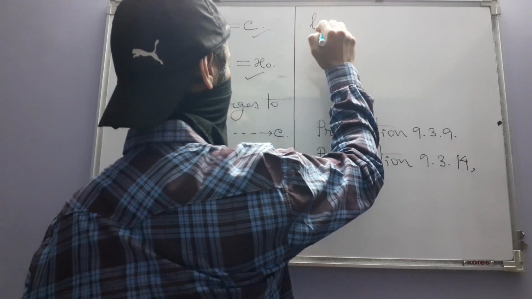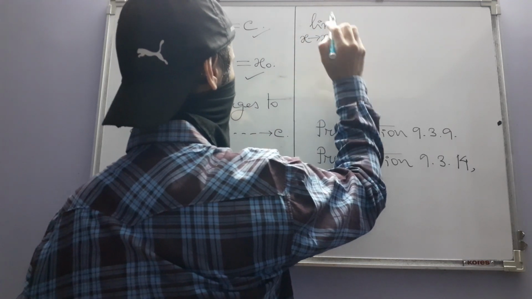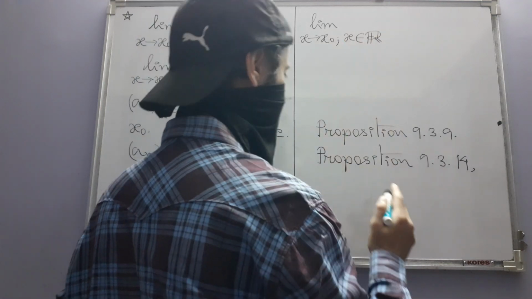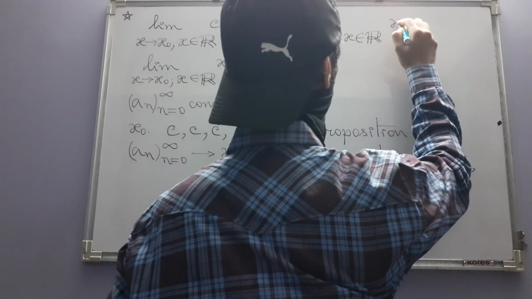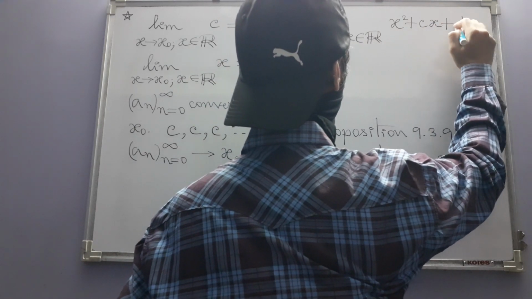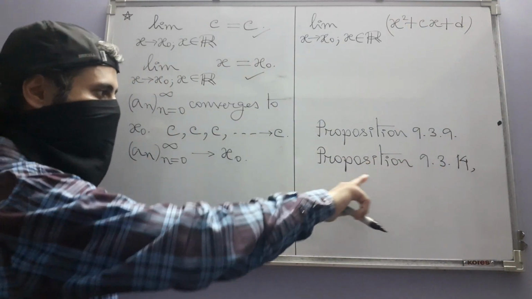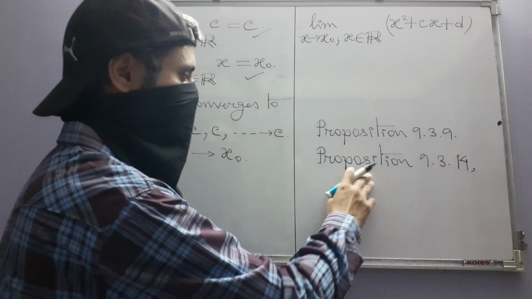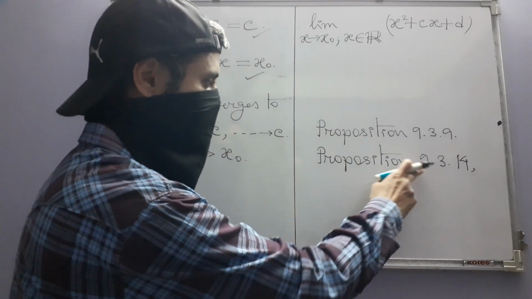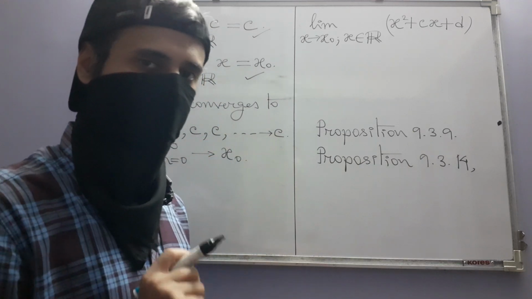For example, limits of polynomial functions, say this quadratic polynomial, using all the parts of this proposition, that is the part which involves sum of two functions, then product of two functions, multiple of a function by a real number.